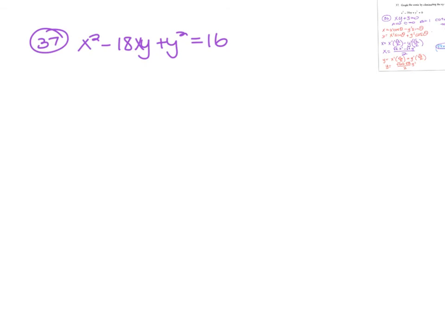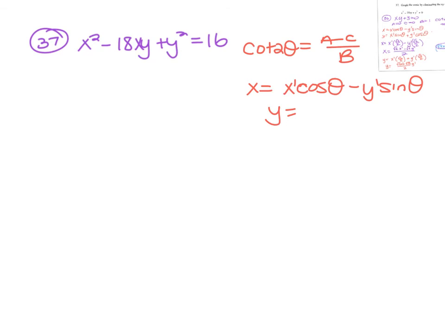I'm going to give you the cotangent of 2 theta equals A minus C over B. I'll give you that, and I'm also going to give you that x equals x prime times the cosine of theta minus y prime times the sine of theta, and y equals x prime times the sine of theta plus y prime times the cosine of theta.